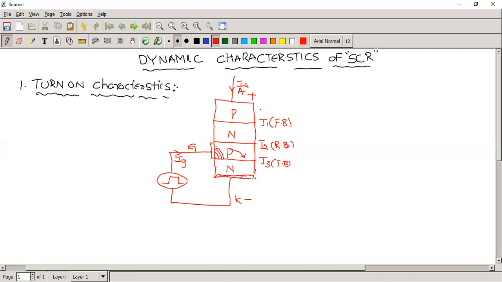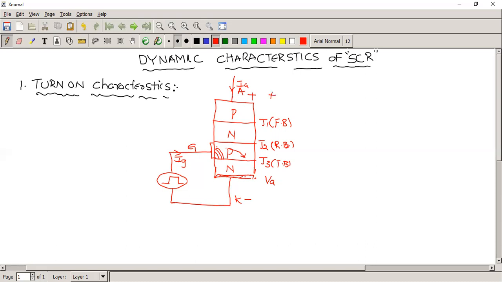Now, what about this voltage? This voltage is nothing but the anode voltage, because we are going to study these two parameters. One is anode current, another one is the anode voltage, VA, the voltage across the device. As long as we are not applying any gate voltage, it is in a blocking state. So whatever voltage we applied between the anode and cathode, the same amount of voltage will appear across the device because it is in off state.